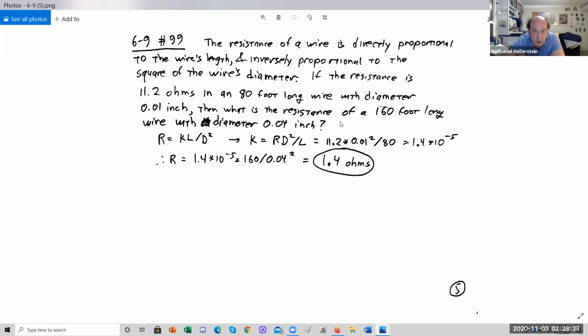So if it's 160 feet long, K, 1.4 times 10 to the negative fifth, times L, 160 feet, divided by D squared, 0.04 squared. With some arithmetic, you get 1.4 ohms.